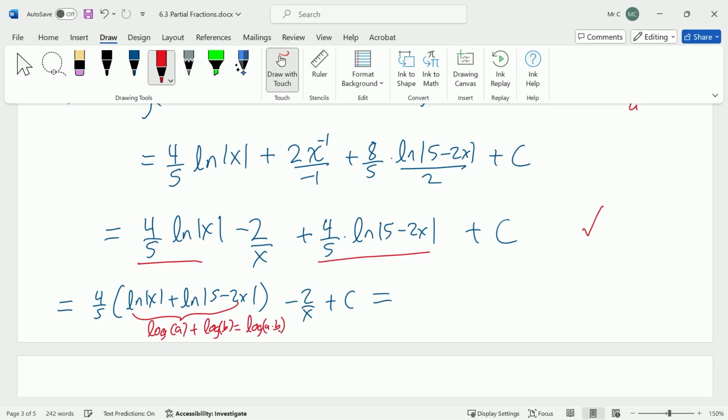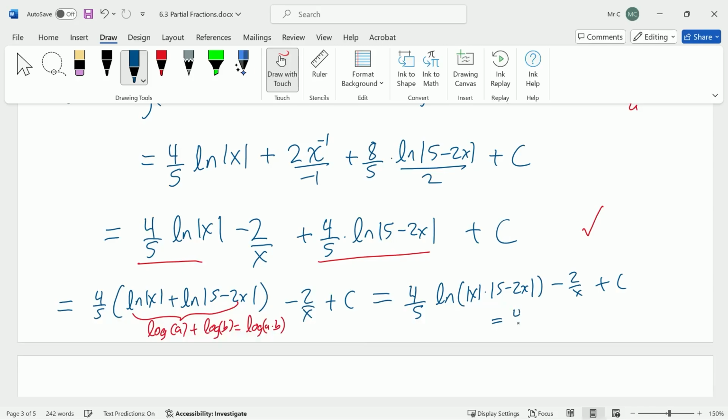So you'll see a lot of times in textbook solutions or online homework, you will see them rewrite this using that log property. So this becomes ln of the absolute value of x times the absolute value of 5 minus 2x, minus 2 over x plus c.